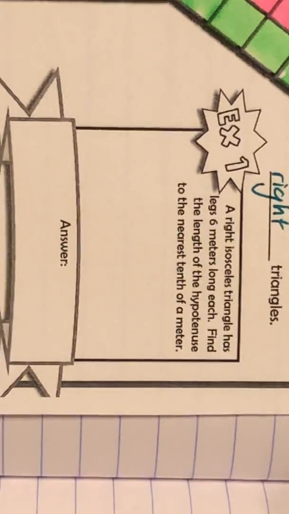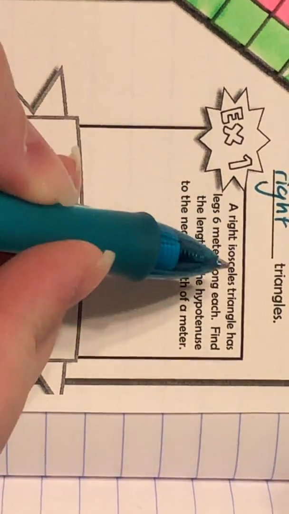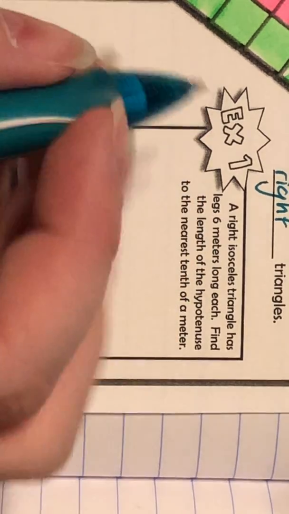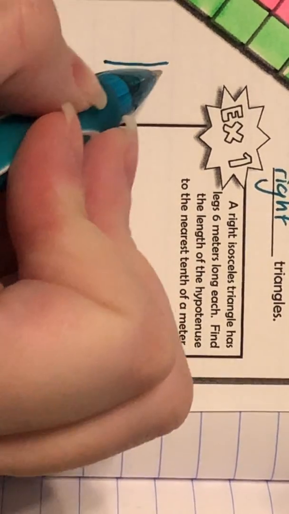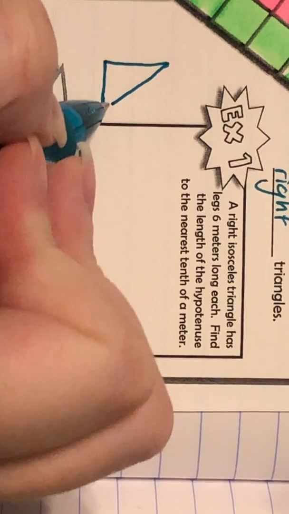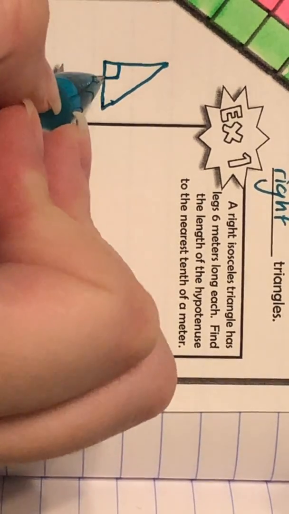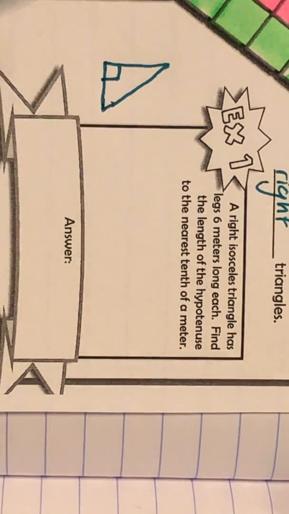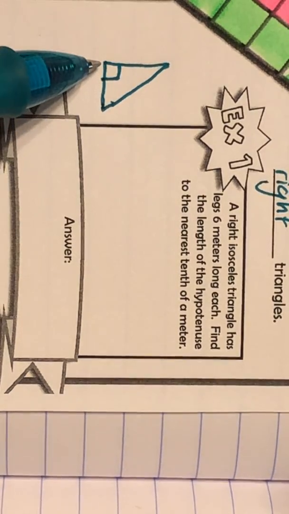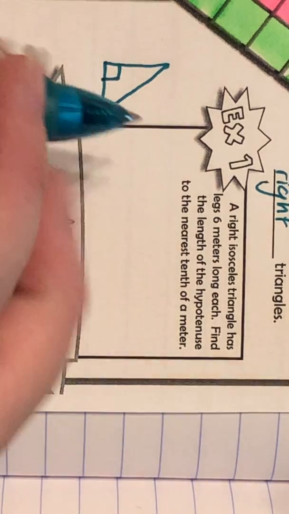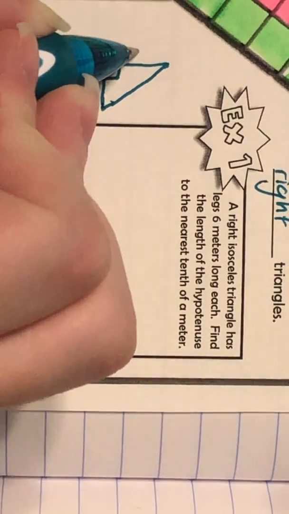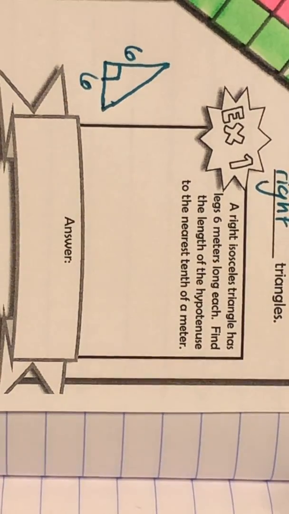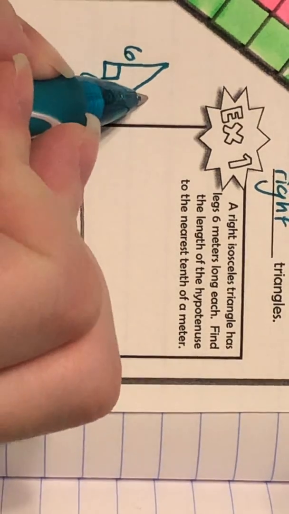First it tells me that it's a right isosceles triangle, and it has legs, which are the sides attached to the right angle, of 6 meters each. I want to find the length of my hypotenuse.